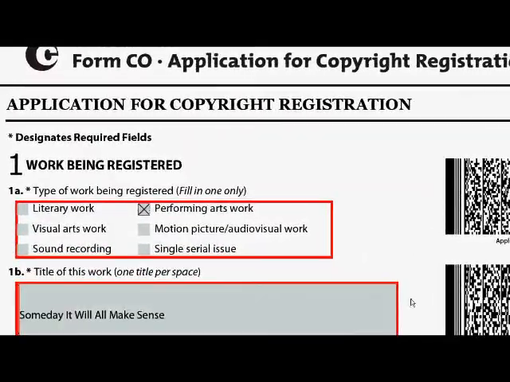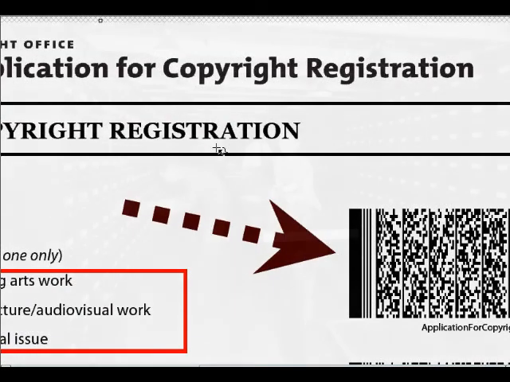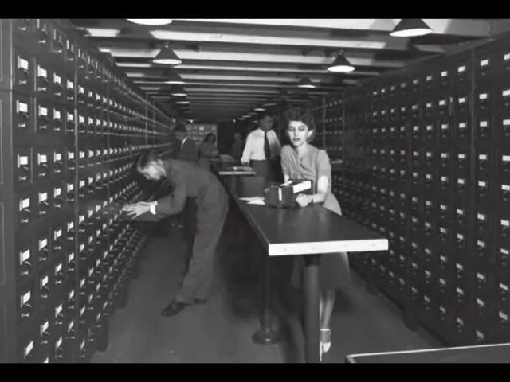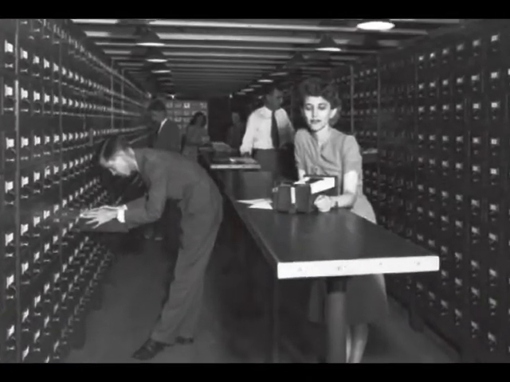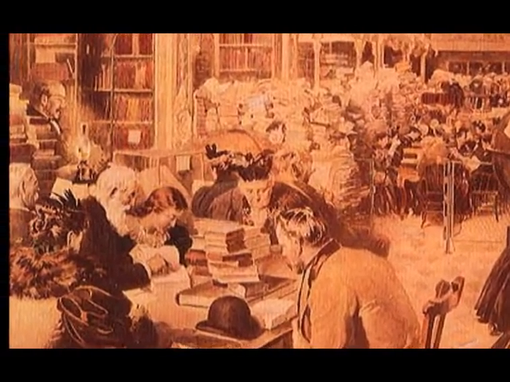You'll notice a big difference with Form CO. There's a barcode on the right side. The reason for that is that this form can be processed faster and more efficiently at the Copyright Office, because it uses what's called 2D barcode technology. As you type information into the form, the barcode changes. The Copyright Office doesn't read any of the information you've typed.